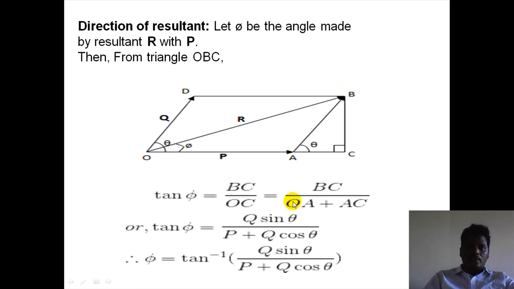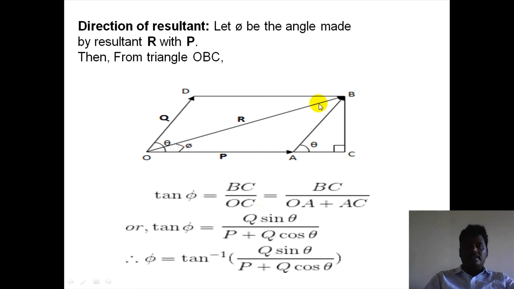OC can be written as OA plus AC. Now BC can be written as Q sin theta. From triangle ABC, sin theta is equals to BC divided by AB, so BC is equals to AB sin theta.